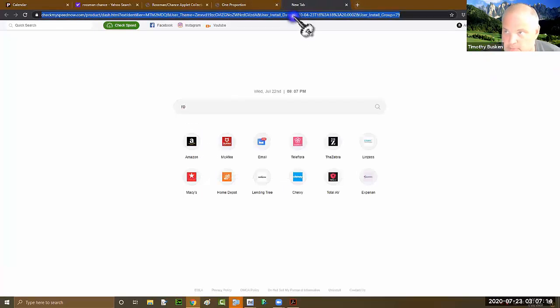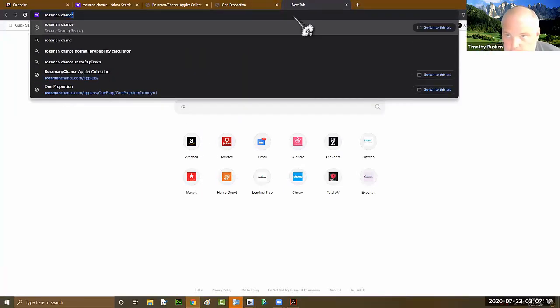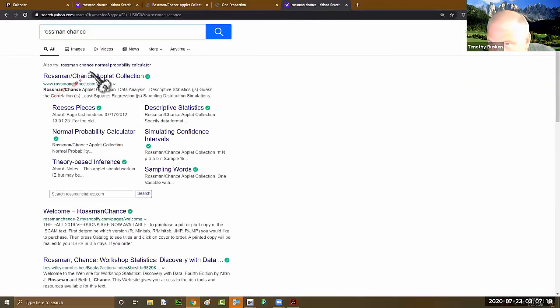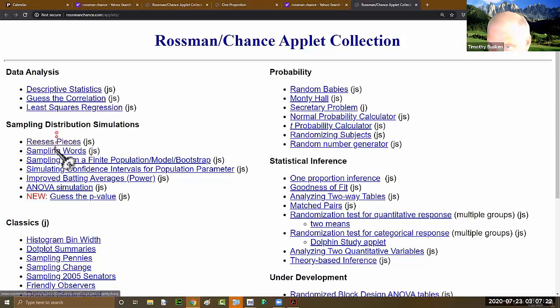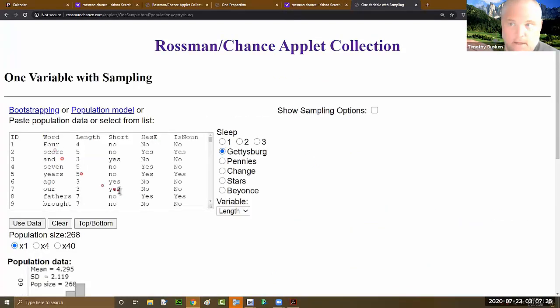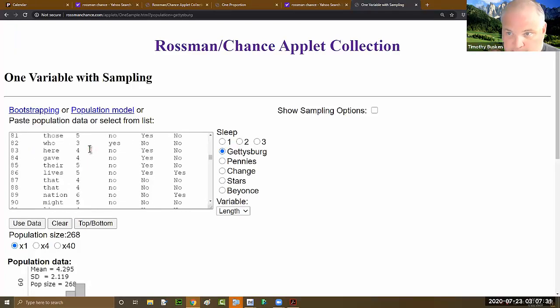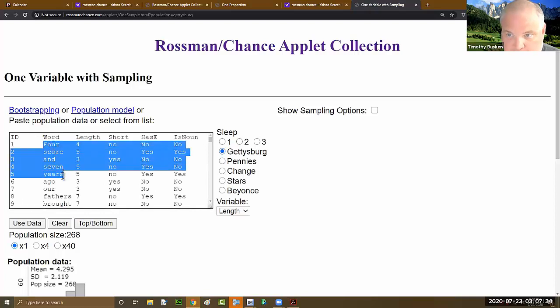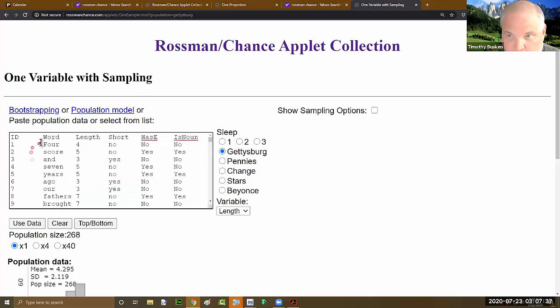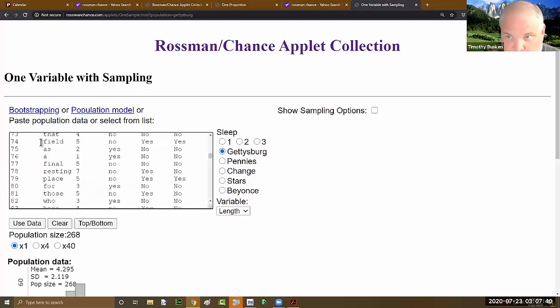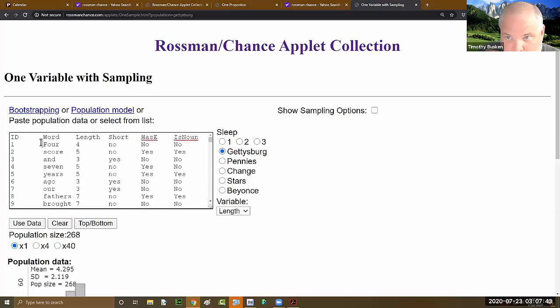This is worth doing. Okay, here are all of the words in the Gettysburg Address in this list here. It starts out 7 years ago, or 5. All of the words in the Gettysburg Address are on this list, and the words are identified by number, and notice that they're also collecting the length of each word, the number of characters in each word.